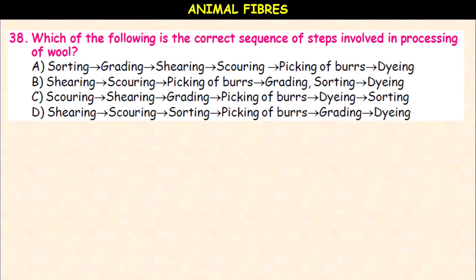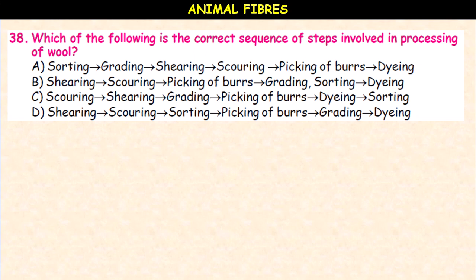Which of the following is the correct sequence of steps involved in processing of wool? Option A, sorting, grading, shearing, scouring, picking of burrs, dyeing. Option B, shearing, scouring, picking of burrs, grading, sorting, dyeing.